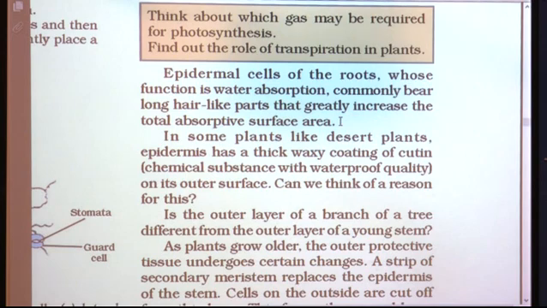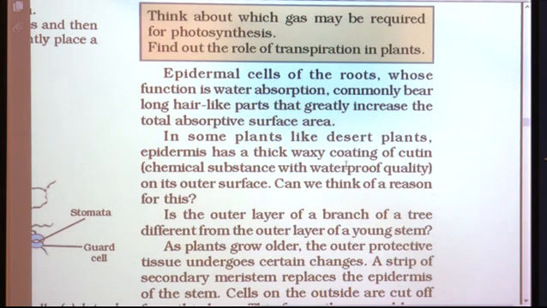Along with the water, they absorb the dissolved nutrients also. For absorbing more water, the surface area should be more, and for that, the roots have hair-like parts which increase the surface area and more water can be absorbed by these epidermal cells.